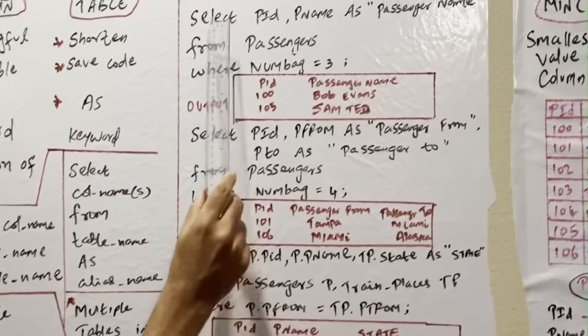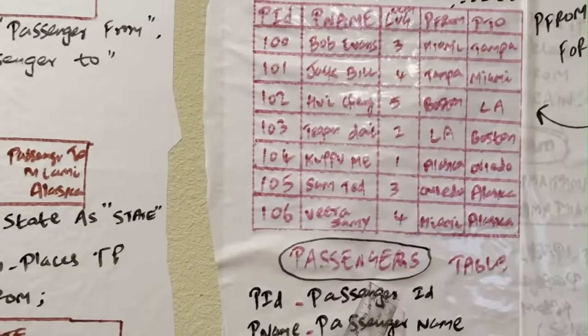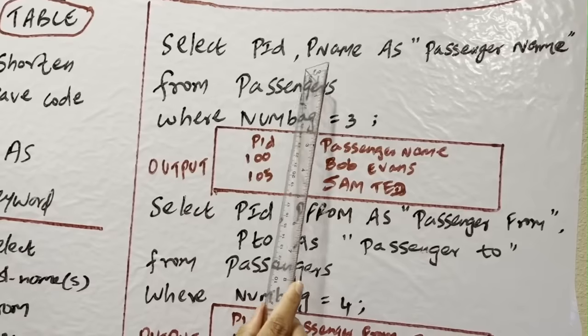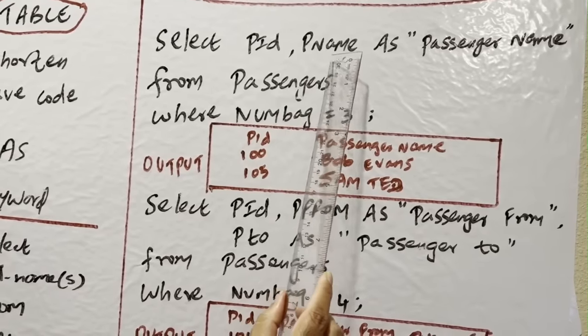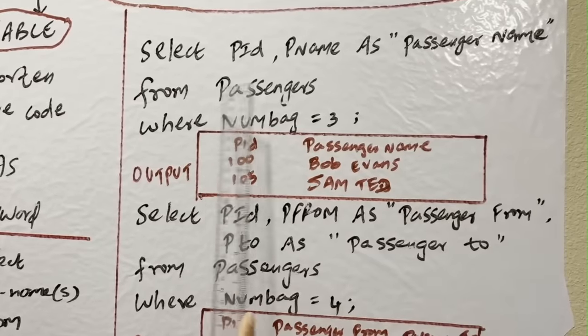Example 1. We use the same table here. Remember the passengers table from the last couple of videos? Passenger ID, name, number of luggage, from, to, source, destination. Let's see here. Select PID, comma, P name as passenger name. We don't want to say P name, we want to say passenger name, from passengers.